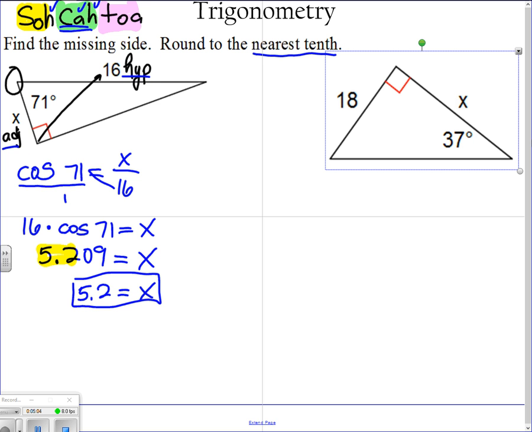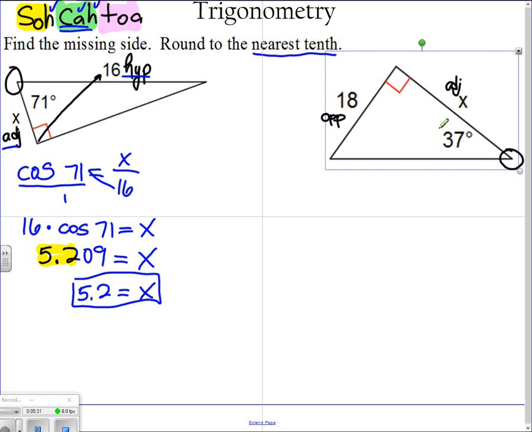Okay. Example number 2. I'm not going to use the 90-degree angle. I'm going to use the acute angles. This one cannot be used because I don't know the measurement. I'm going to have to use this one. Now, if I'm standing here, this will be the opposite. So this is the opposite, and this will be the adjacent. Adjacent means right next to it.